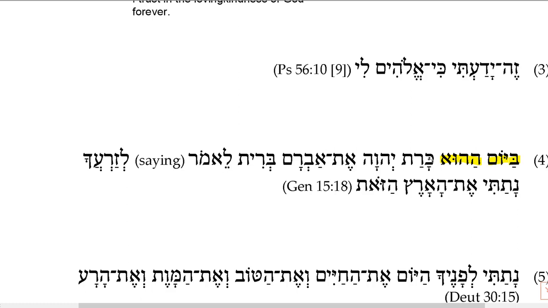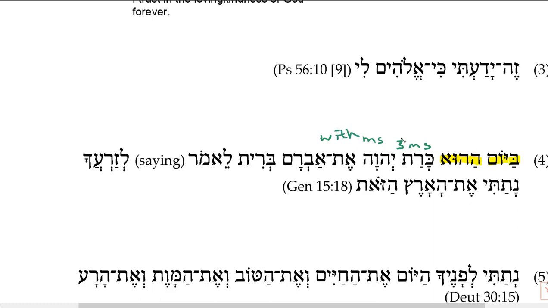Then we have karat, that is a Qal perfect 3ms verb, and it matches the Lord, that's the subject, that's also masculine singular. So they match. And then we have the, well, this is interesting because this is not a direct object marker. This is the preposition. So this is with. Now, how do I know that?